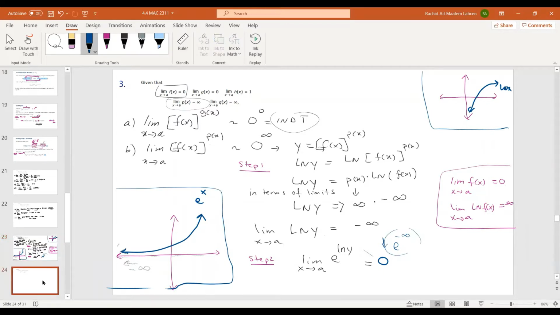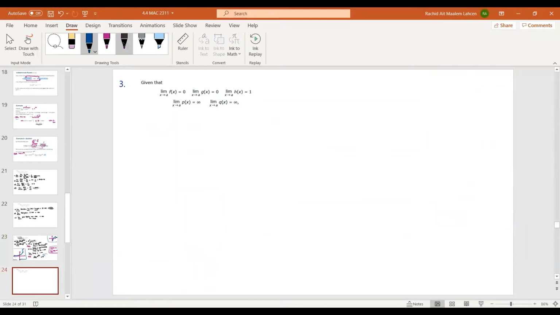What else? We can look as well at another form. For example, the limit as x approaches a of h of x to the power p of x. If we look at this, h of x is 1 and p of x is infinity, so that's an indeterminate form.